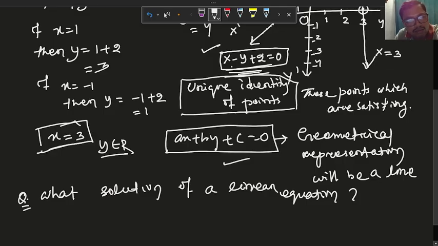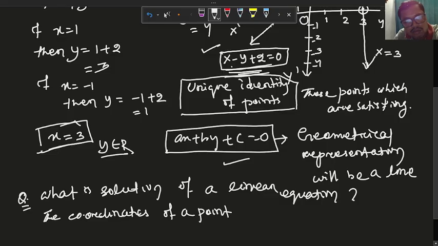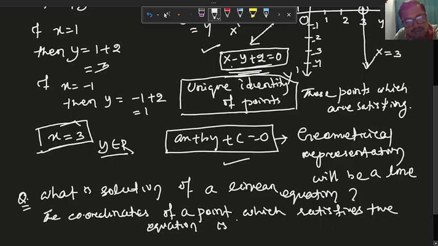The coordinates of a point which satisfies the equation is called a solution of that equation. Okay.